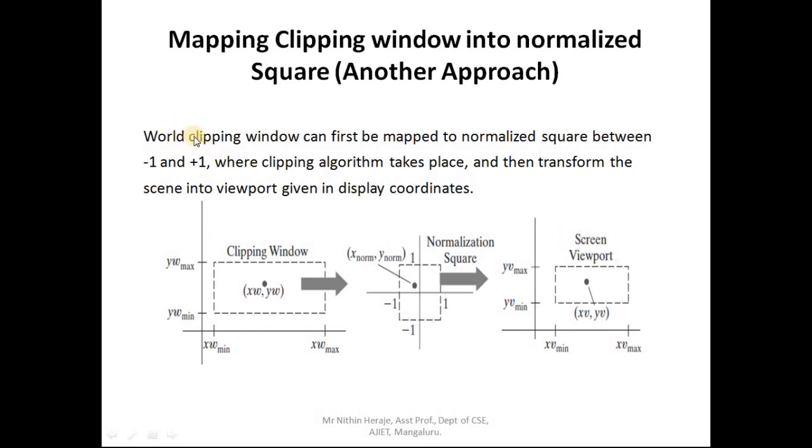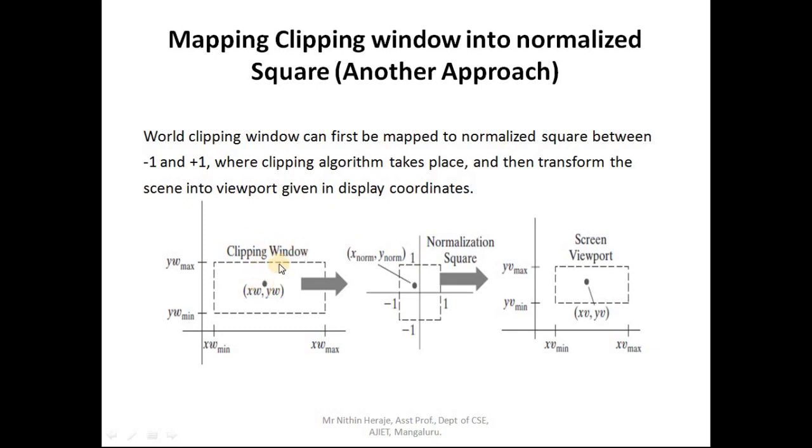Okay, so the world clipping window can first be mapped to normalized square between -1 to +1, where clipping algorithm takes place.